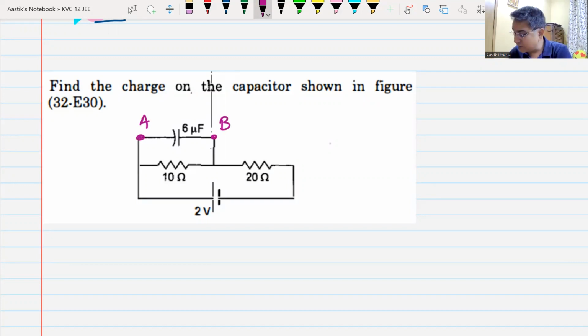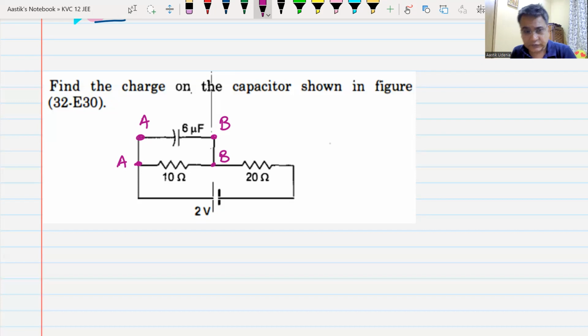No current will go in this branch. Do we understand this?